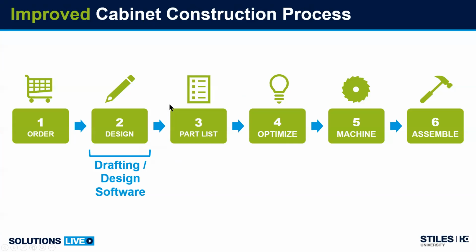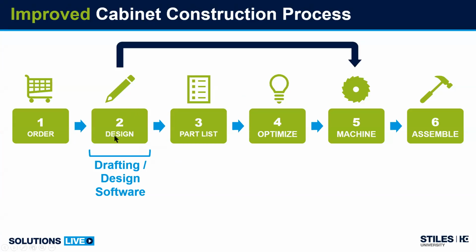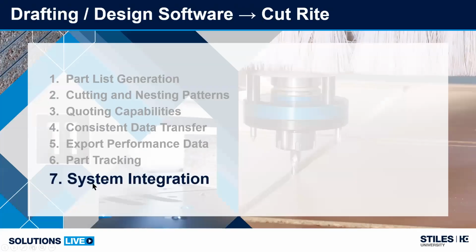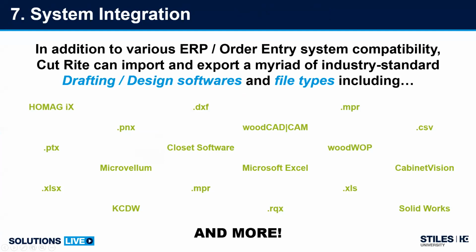So finally, we have design software. And in this, we have machining data that we can import directly as well. So as we look, this is system integration. So all these programs, here we've got HomeAg IX, WoodCAD CAM, Closet Softwares, Microbellums, Cabinet Vision, SolidWorks, and KCDW.